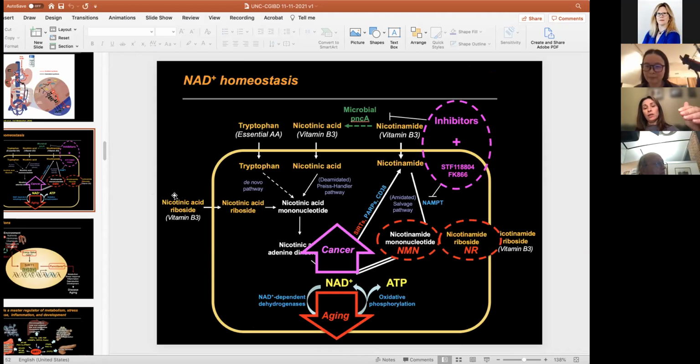So my question is, you have that inhibitor that inhibits NAMPT. Yes, this pathway. But what happens when you look at the other pathway, the bacterial pathway, in the context of tumor cells and in the context of aging, and both? So the inhibitor plus the bacteria in different contexts.